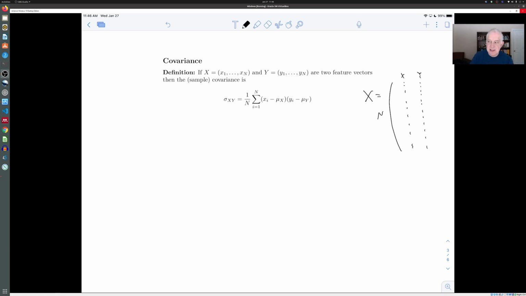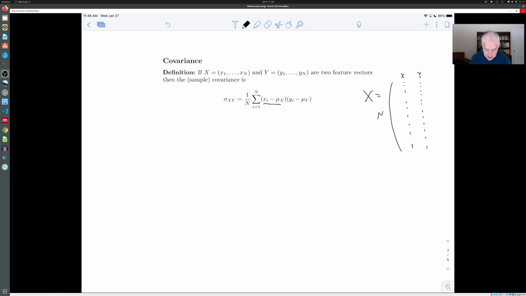Or in the genomics case, x might correspond to one gene and y might correspond to another gene, and the numbers are the expression levels.